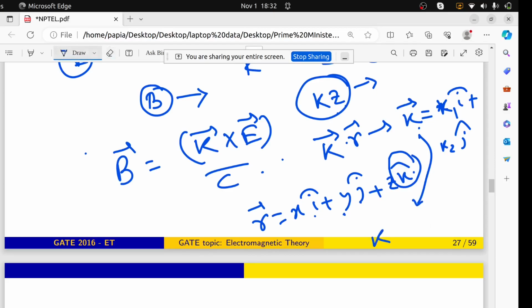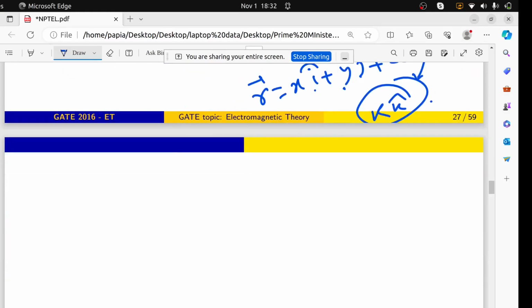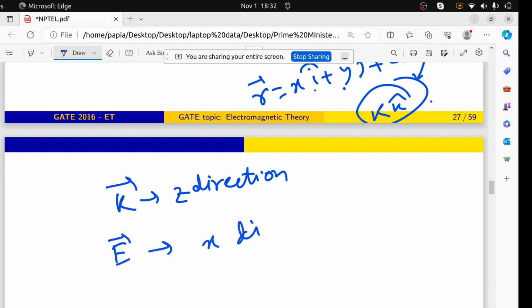So k into k cap. That means we can conclude here that our k vector is in the z direction. I cap, j cap means x direction, y direction. And our electric vector is in the x direction.